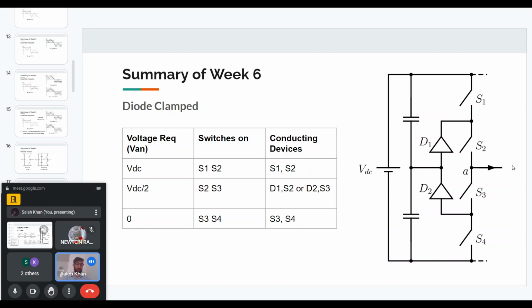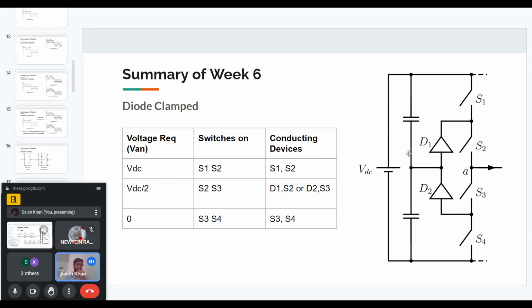That is for positive current. If the current is negative, then it will flow through S3 and then through diode D2 towards the midpoint. And again, since the point A is connected to the midpoint, we will get VDC by 2 at the output in both cases, the positive current as well as the negative current. So we'll have different devices conducting depending on the current direction, but in both cases, the point A will be connected to the midpoint of the capacitor.